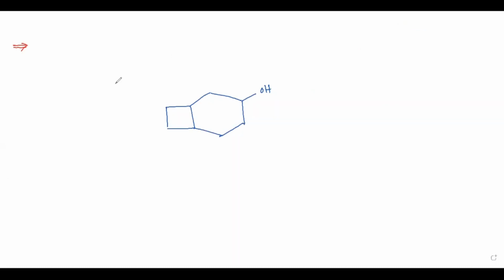Yes. Now look at this particular compound and let us see why it is called bicyclic. Look at this. This is one ring, and this is another ring. You got two rings. One, the second one.